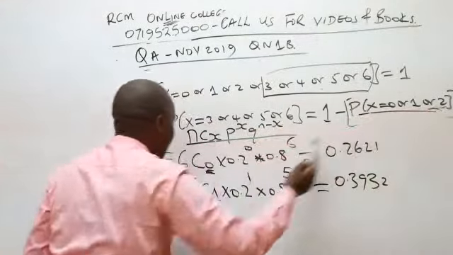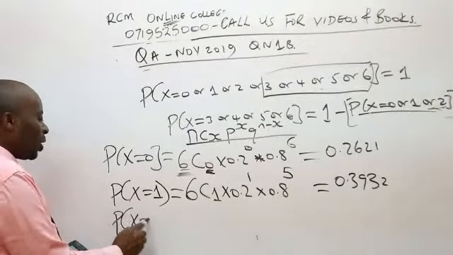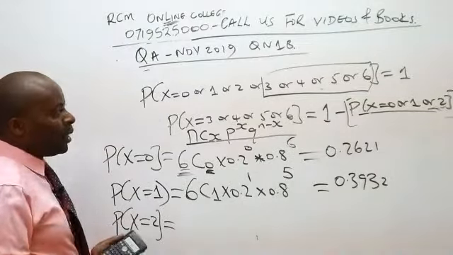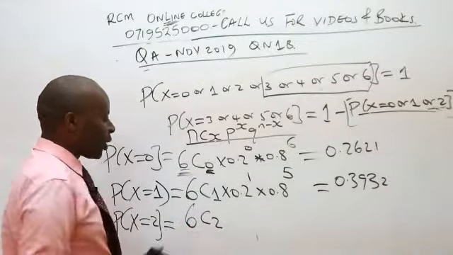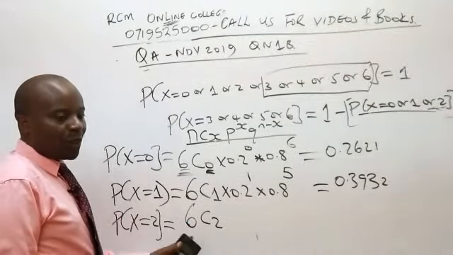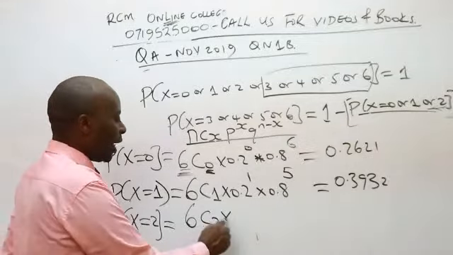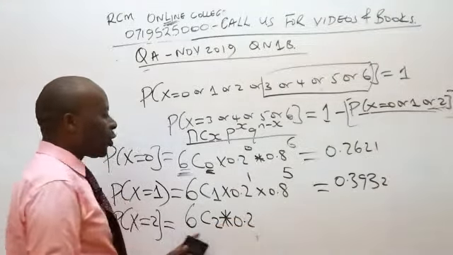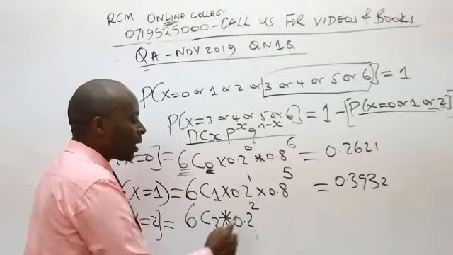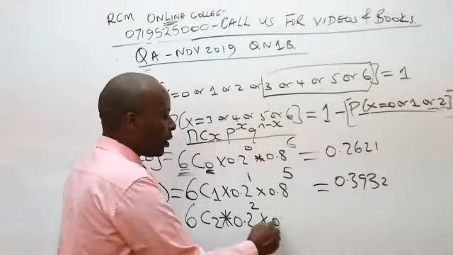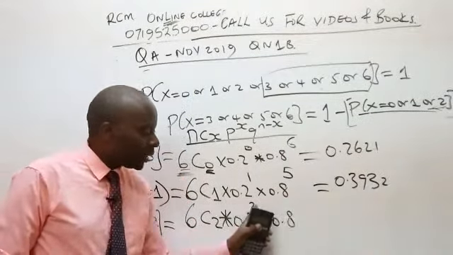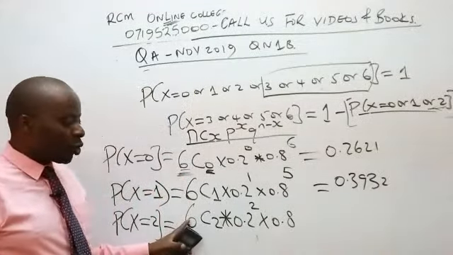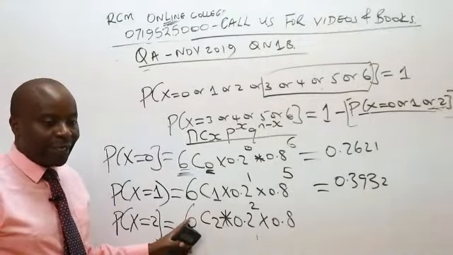From there, ladies and gentlemen, we have the last event. The last event is the probability of x being equal to 2. The probability of x being equal to 2 will go like this: 6 combinations x, where our x is 2. So 6 combinations 2 times 0.2 raised to power x, where our x is 2, times 0.8 raised to our new power here. Remember the fact that the two powers must always total to 6 here, must always total to the n that is here.